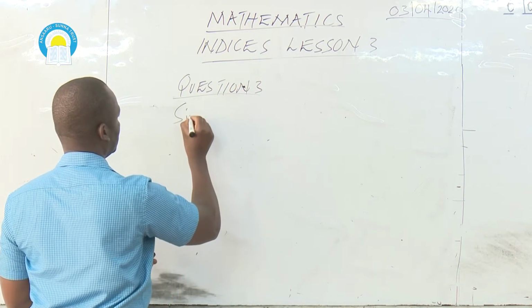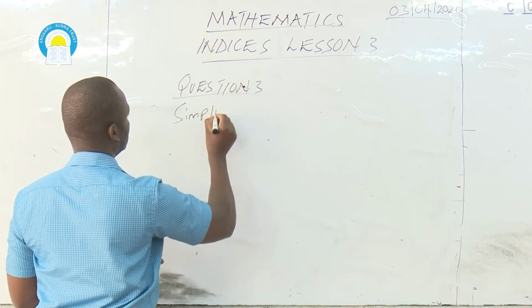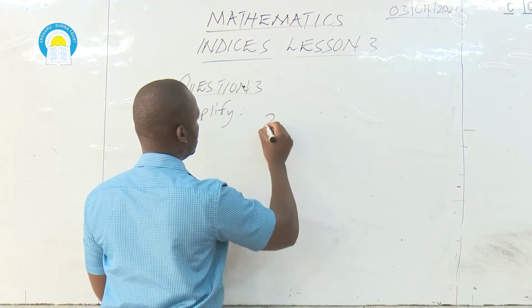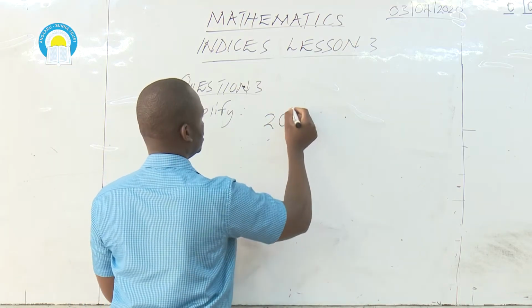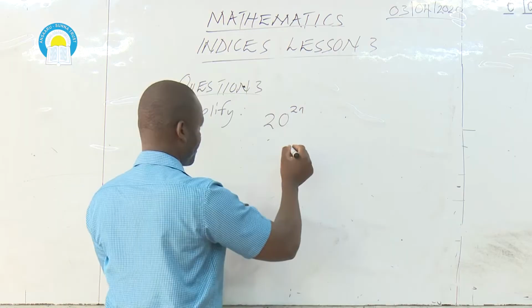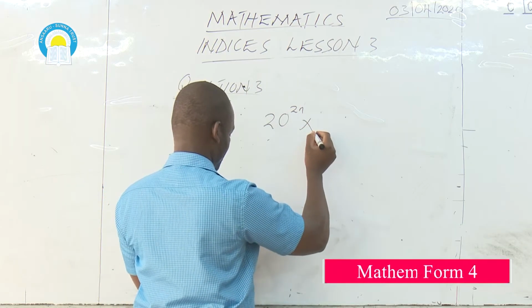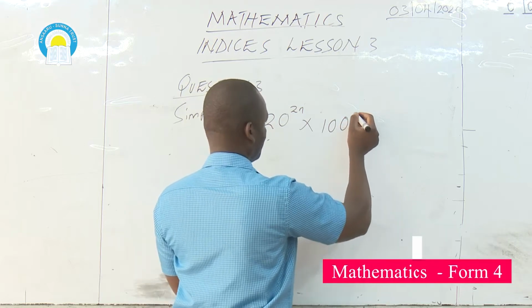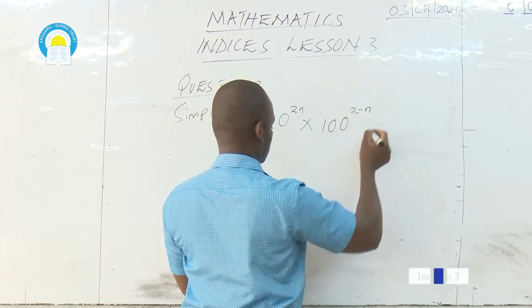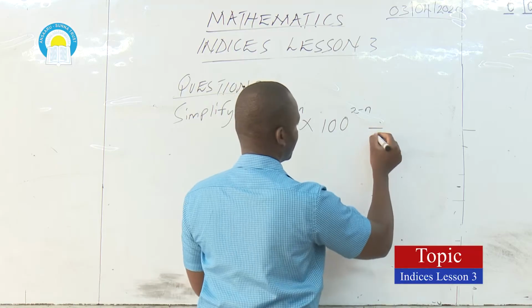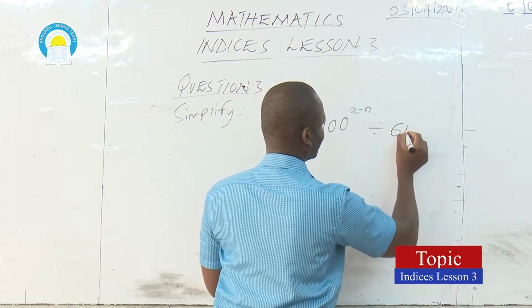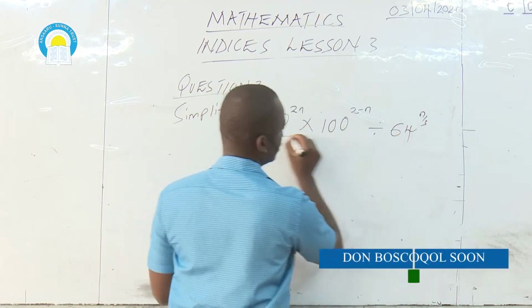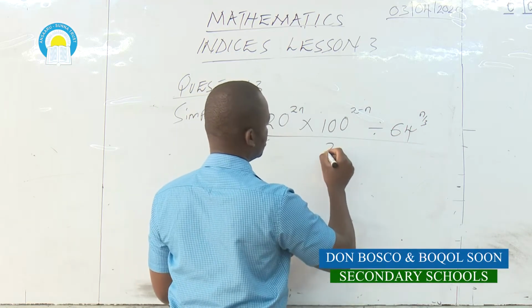Simplify 20 power 2n times 100 power 2 minus n divided by 64 power n over 3 over 20.